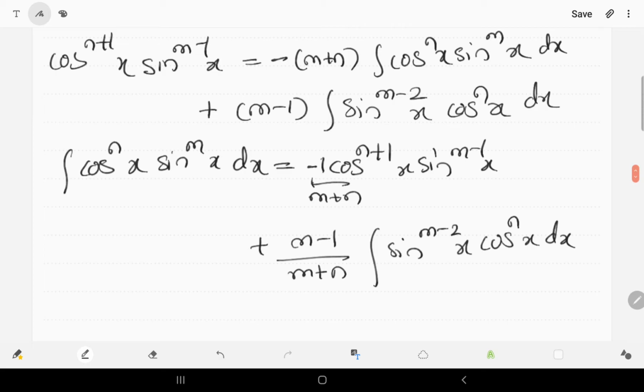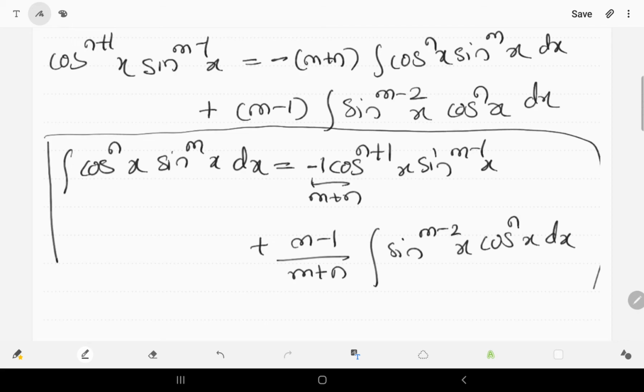Now, this is the reduction formula for cos raised to nx sin raised to mx.